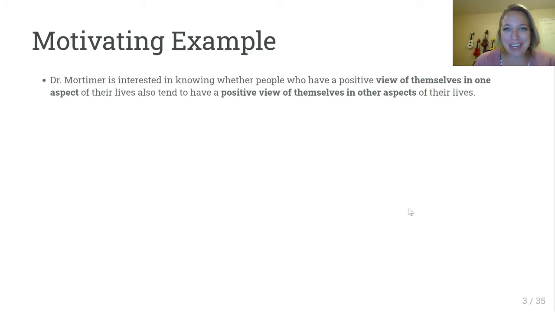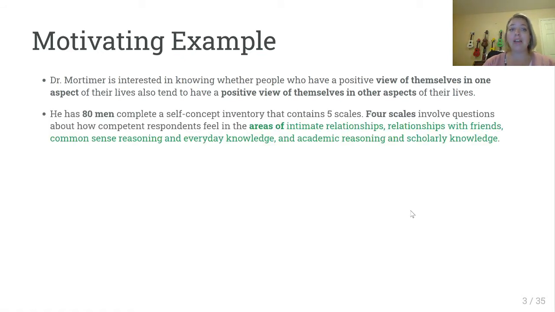So we're going to start with a motivating example. Dr. Mortimer is interested in knowing whether people who have a positive view of themselves in one aspect of their life tend to have a positive view of themselves in another aspect of their lives. So he collects 80 men to be in his study and has them fill out a 5-scale questionnaire. 4 of the questionnaire scales have to do with different areas of their life: intimacy and relationship with friends, common sense reasoning, everyday knowledge, and academic reasoning and scholarly knowledge.